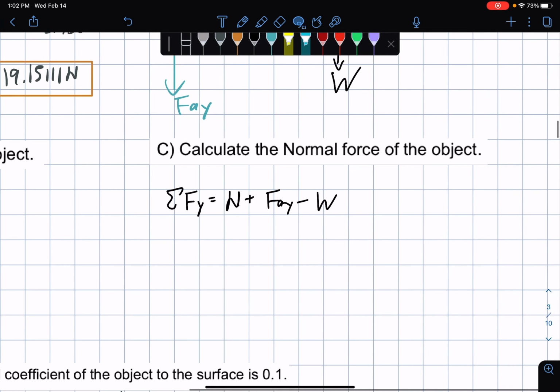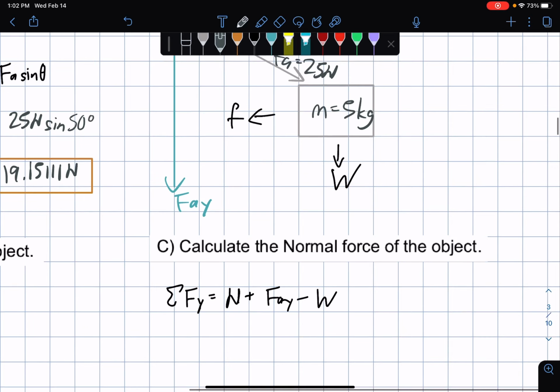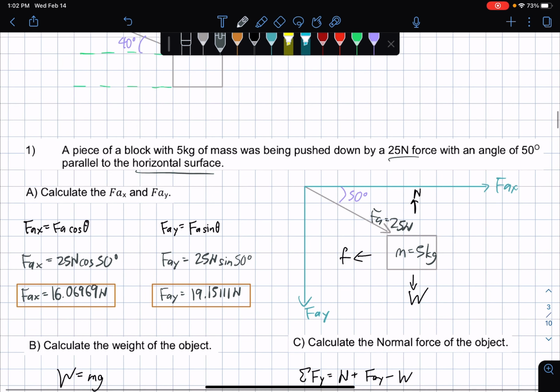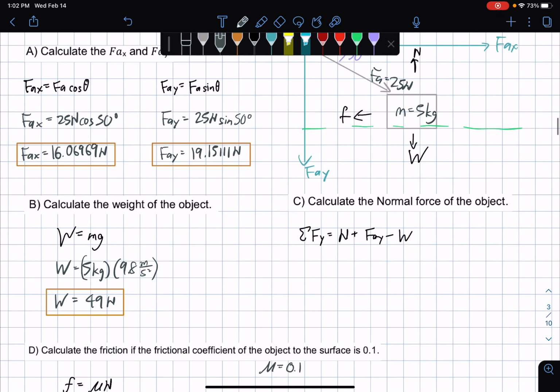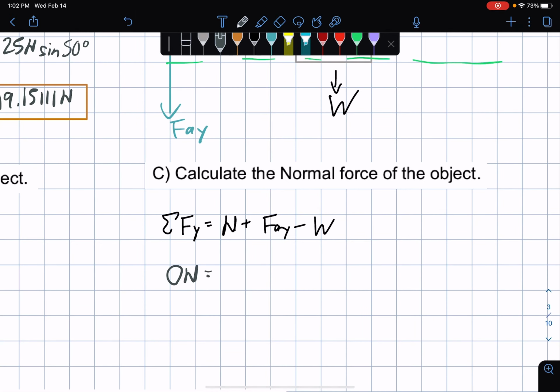So calculate the normal force of the object. A block is being pushed. This is the surface. Well, the force with respect to the vertical axis, it's not flying or falling, so it's equal to 0.